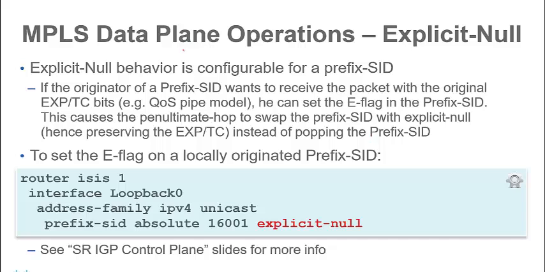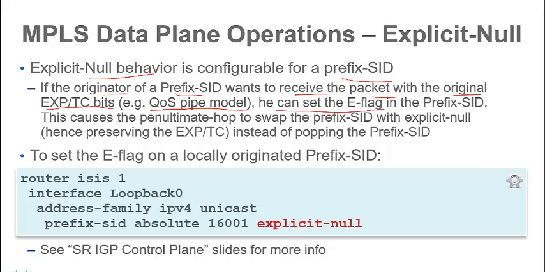Now, explicit null behavior. Explicit null is configurable for prefix SID. If the originator of the prefix SID wants to receive the packet with explicit null, for example, if you have QoS, you need that.